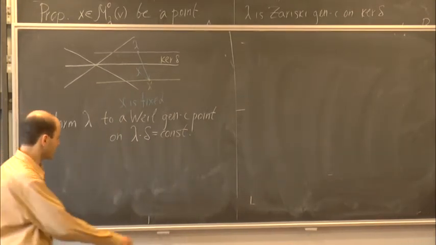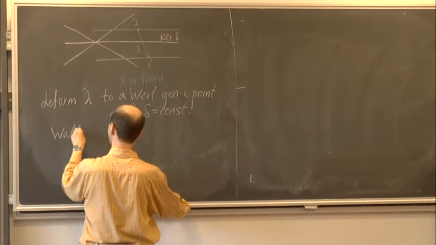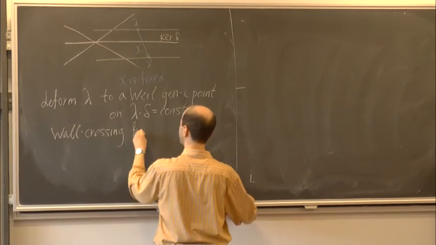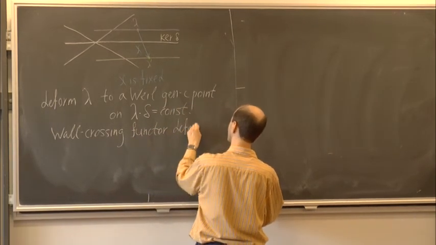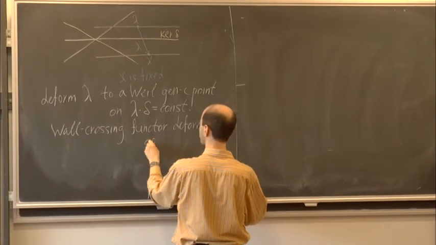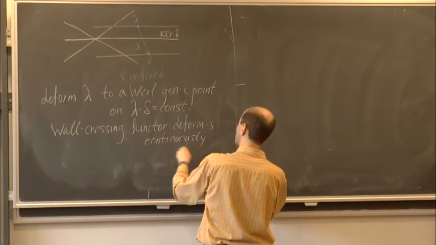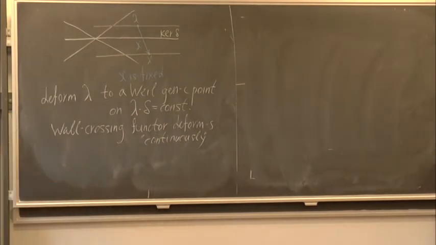And the point is that the wall-crossing functor deforms continuously, meaning that it is given by a tensor product with a bimodule, and this bimodule is covering a flat family.